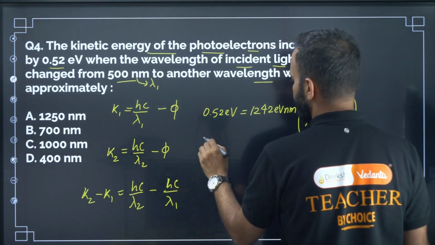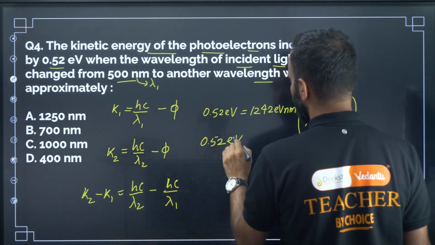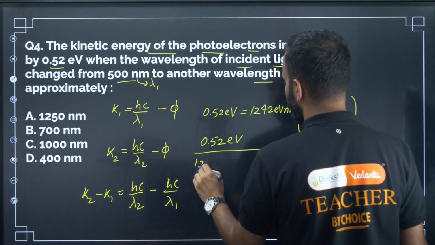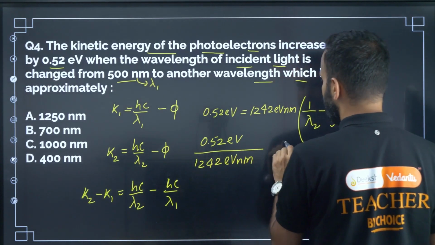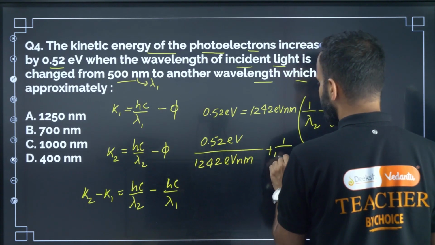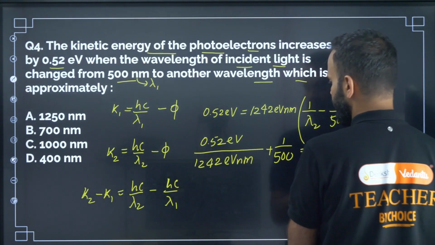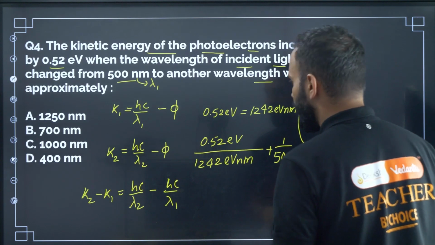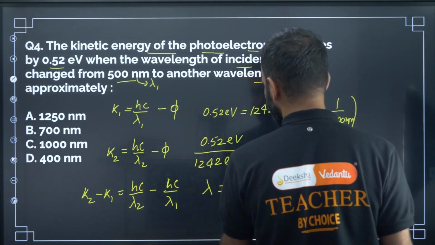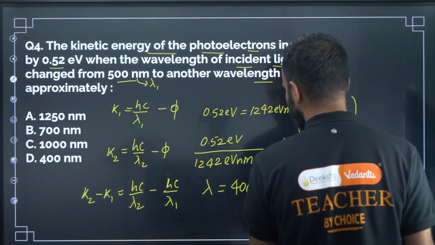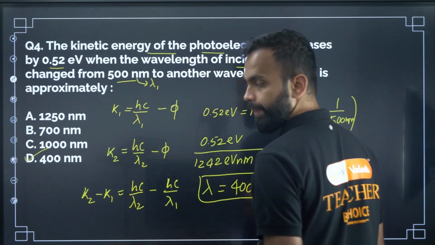So 0.52 electron volt divided by 1242 electron volt nanometer, plus 1 divided by 500, equals 1 divided by lambda 2. Now solve this, and you will get lambda equal to 400 nanometer, so the correct option is D, okay.